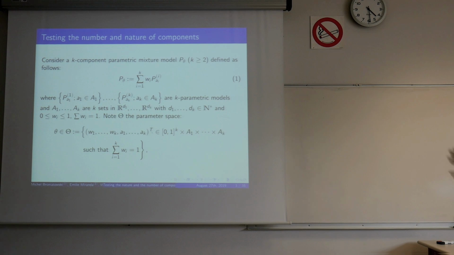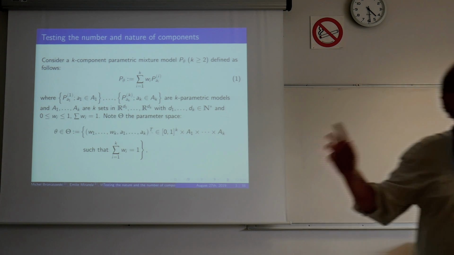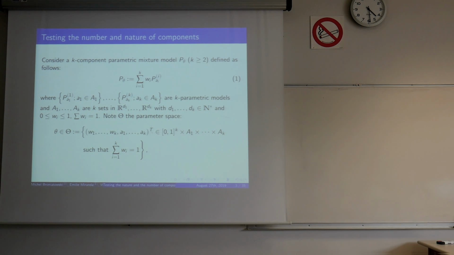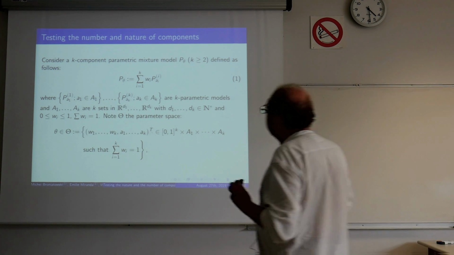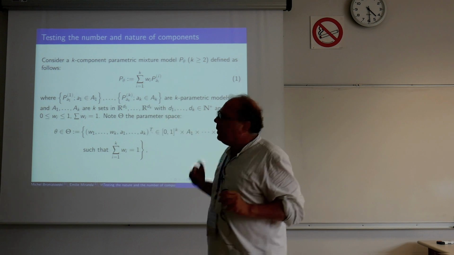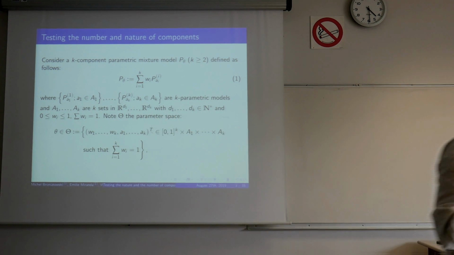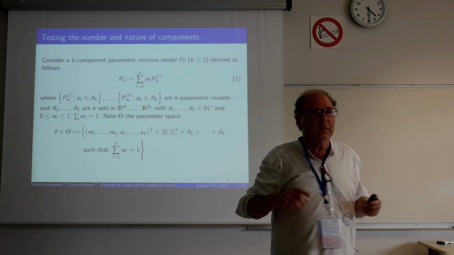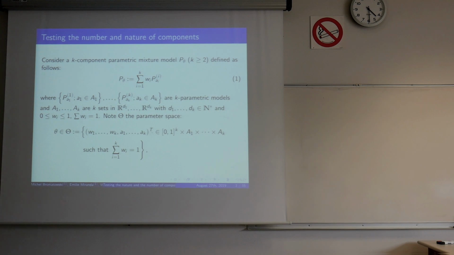We will need some identifiability conditions, which I do not state here, but we will assume that the problem is well posed somehow, although in the problems of mixtures it is not so obvious, above all because we allow the weights to take values 0 or 1. And this amounts to saying that the problem of identifiability is somehow complex as such. And so the parameter will be the family of the weights and of the parameters of each of the components.